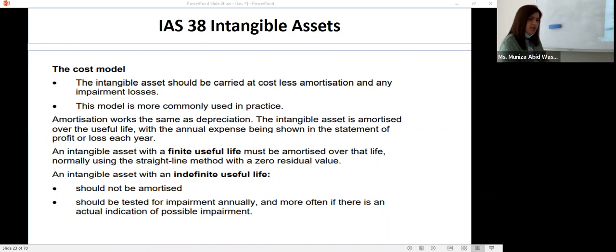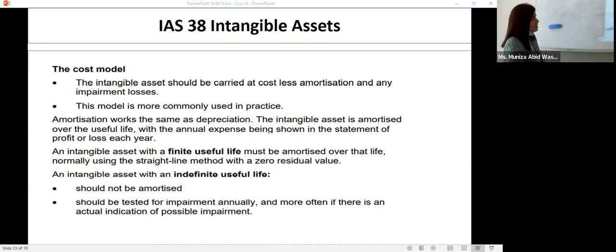In the examination, if they tell you that your intangible asset bought is going to be used for a period of 10 years, it means that it has a definite useful life. That particular intangible asset with the definite useful life will be amortized. Those intangible assets which have an indefinite useful life, which are going to be used for infinity, obviously for those there is no amortization. So regarding amortization, you should also keep this in mind.